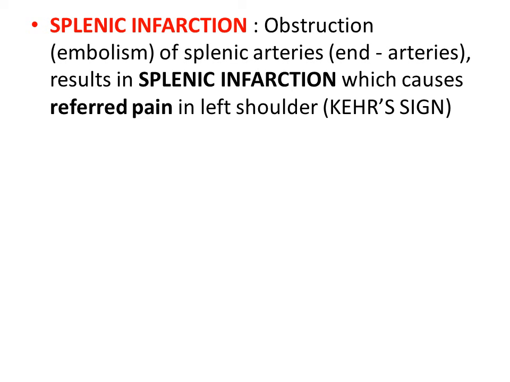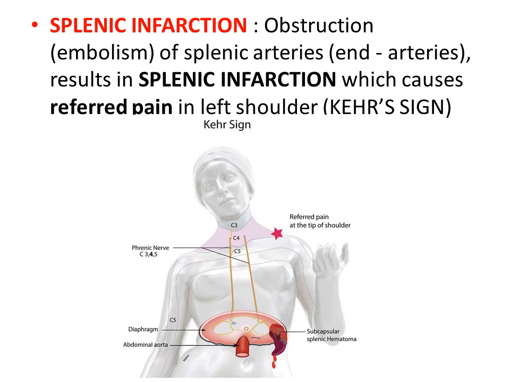And Kehr's sign specifically in the left shoulder is considered a classic symptom of the ruptured spleen, right? Now see in this diagram, this is spleen and this is injury over here, subcapsular splenic hematoma, and it causes referred pain at the tip of the left shoulder, and it is known as Kehr's sign, right?